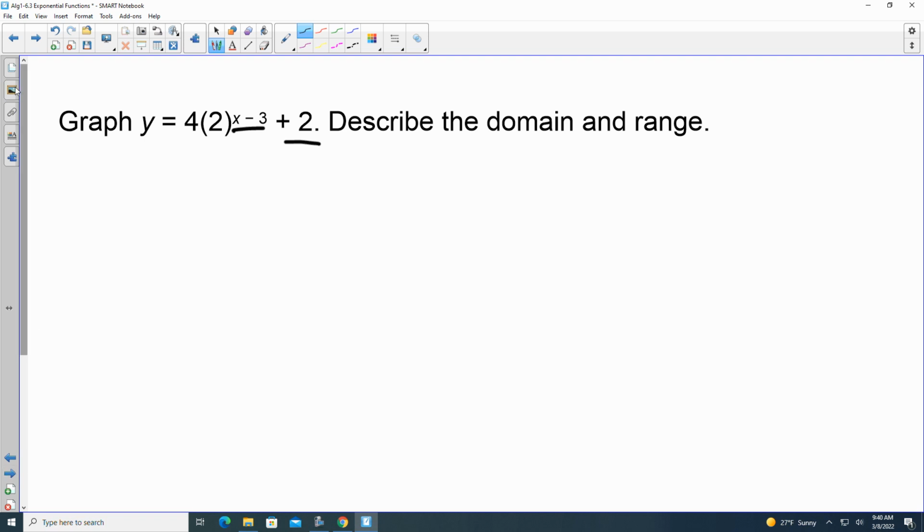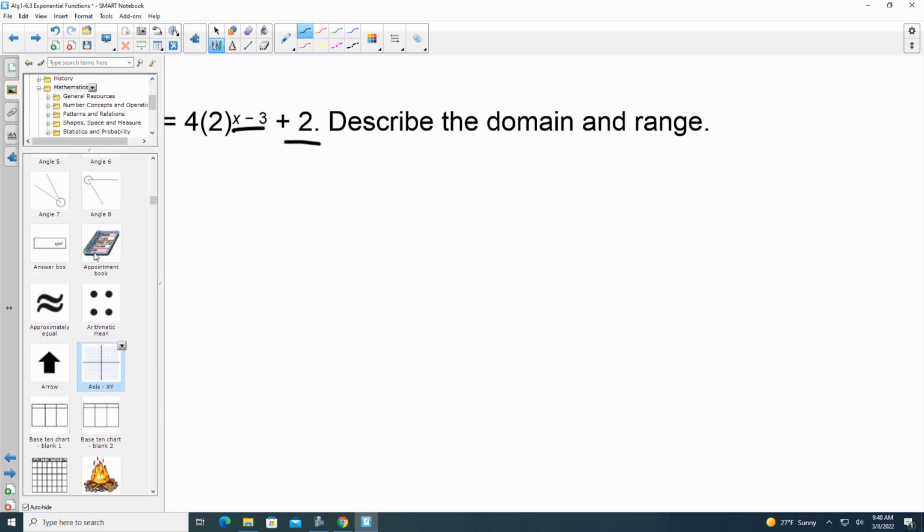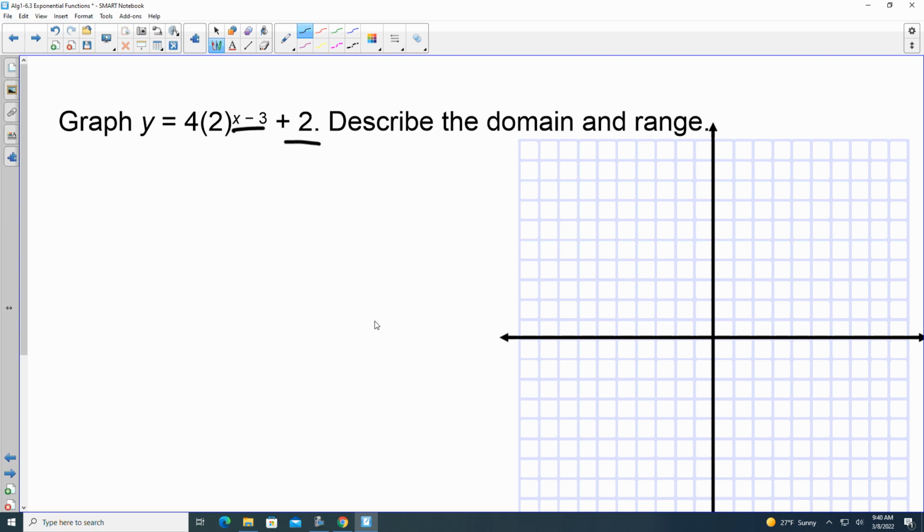How I want you to graph these types of situations is to imagine that there is no shifting of the graph. Let's get rid of the minus 3 and the plus 2. So if I said y equals 4 times 2 raised to the x power, how would you graph that?